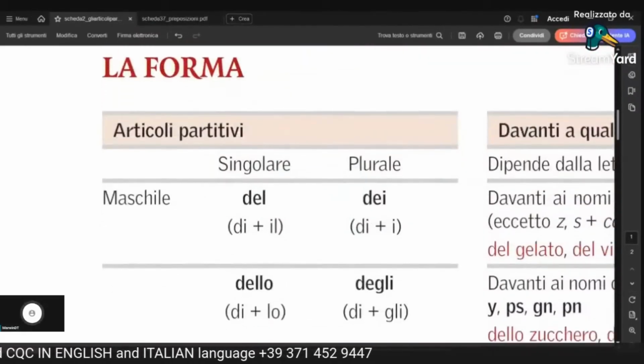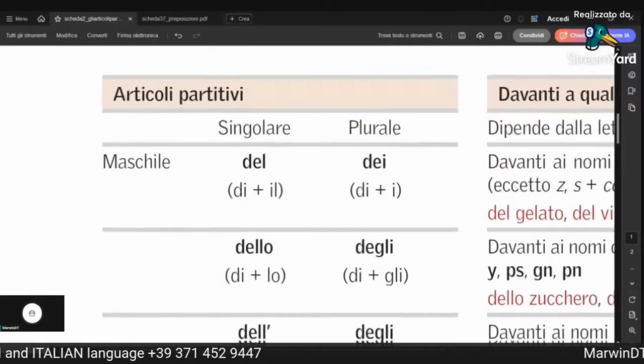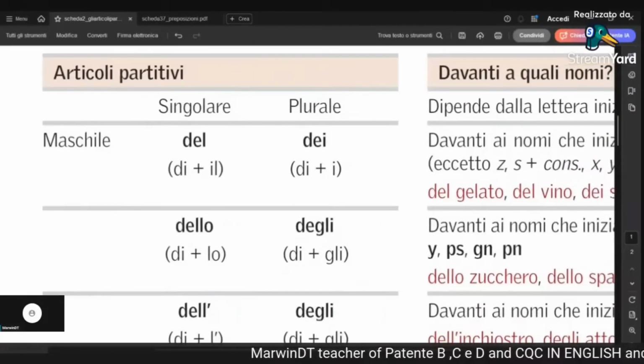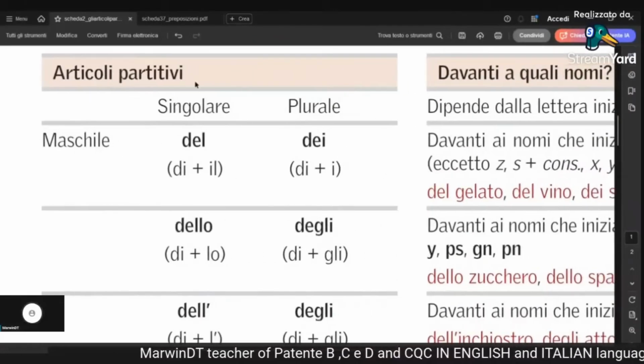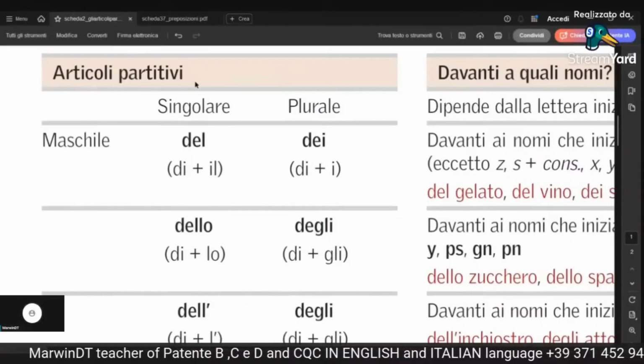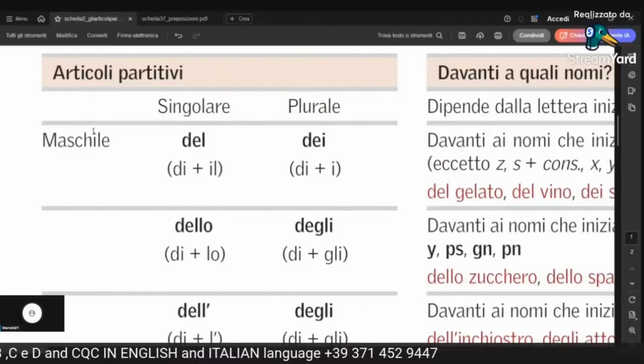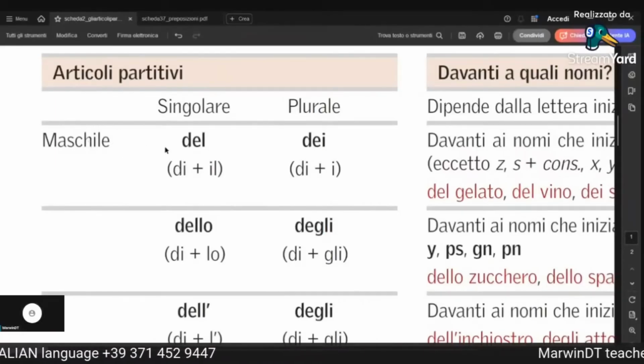So the formation of articoli partitivi, this is where it all starts. Now, articoli partitivi, the singular masculine is del.